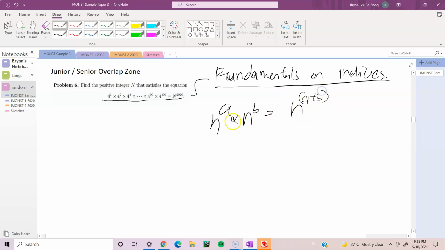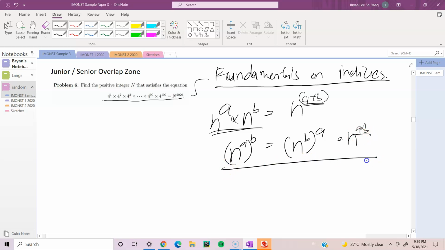Normally this would be multiplication, but in indices this becomes addition. And for n to the power of a, taken to the power b, this is n times itself a times, b times, which is equal to n to the power of ab, so a times b. These two things you need to know to solve this problem.